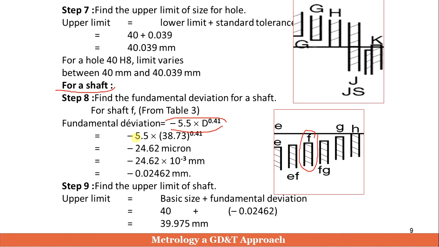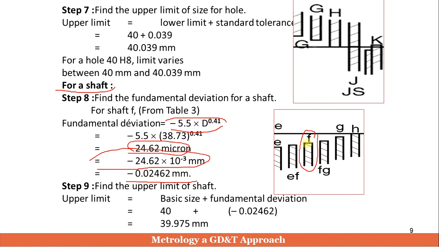That means the fundamental deviation will be equal to minus 24.62 micron. Since we have got the fundamental deviation in micron, again you have to convert it to millimeter. So it will be converted as minus 0.02462 millimeter.